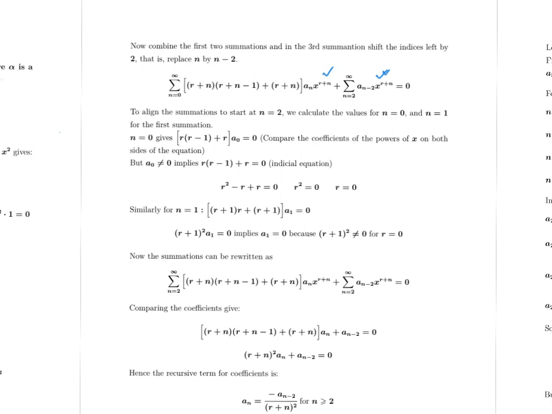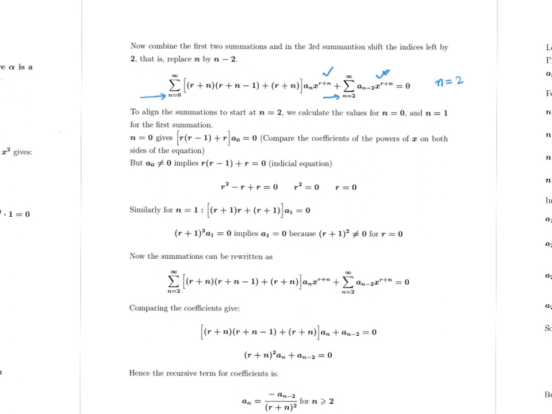An important thing to note here is this. If you look at the left summation, it starts at n equals 0. If you look at the right summation, it starts at n equals 2. So we are going to try to align these two summations so that both start from n equals 2.